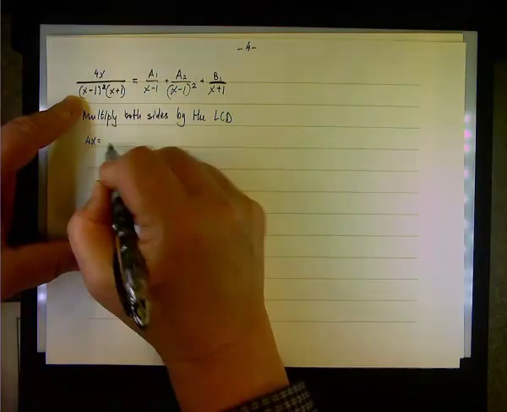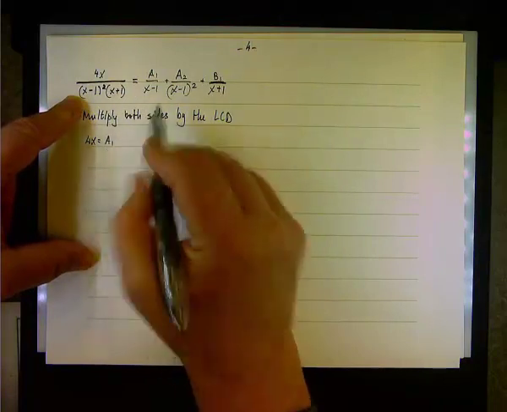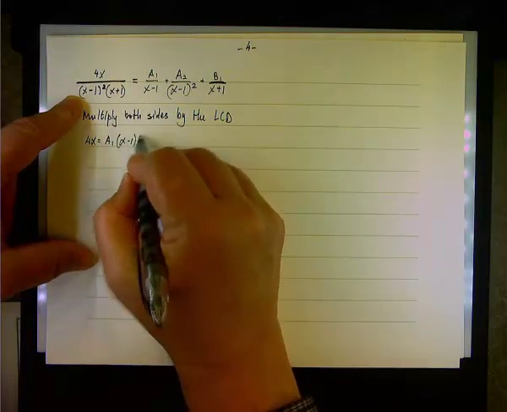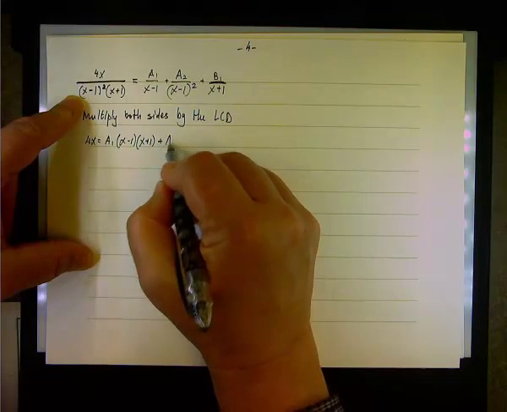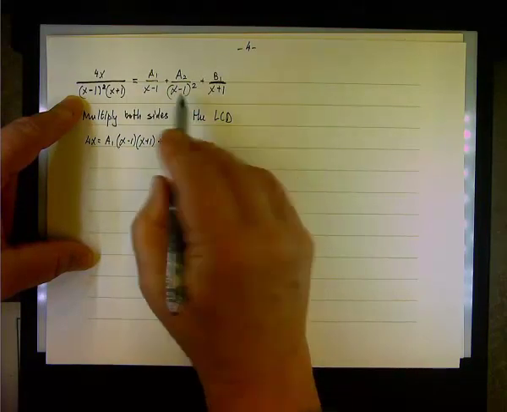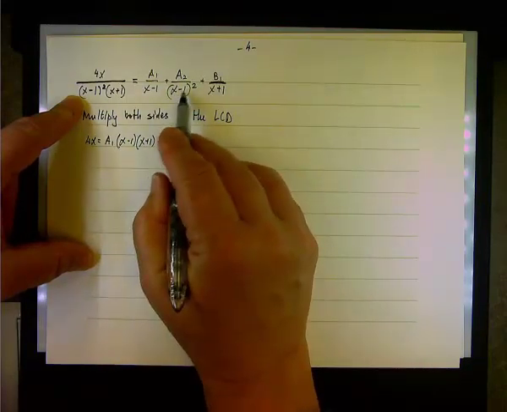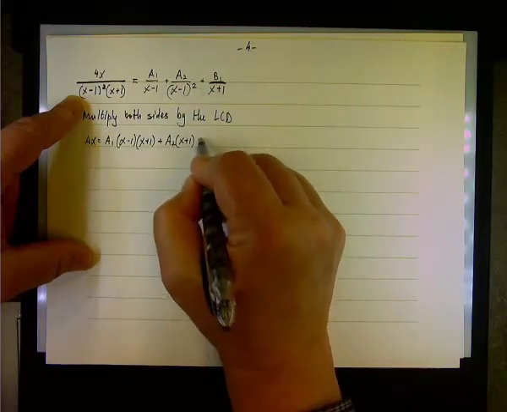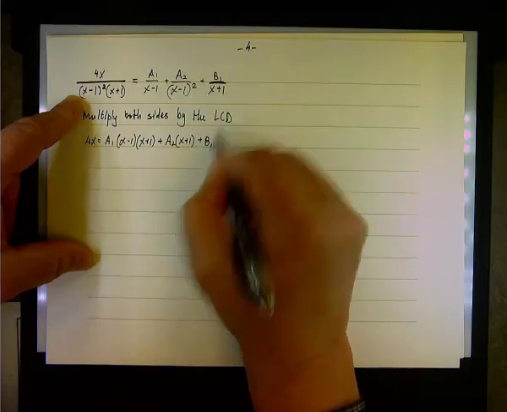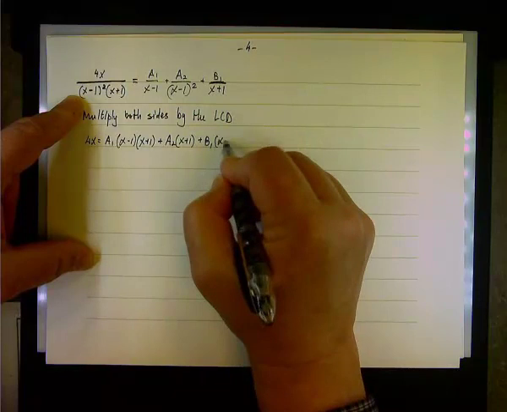So a1, we need to multiply it by what? By x minus 1 and by x plus 1. a2 needs to be multiplied, well, it's multiplied already by, it has x minus 1 squared. So all we need is x plus 1. And b1 will be multiplied by x minus 1 squared.